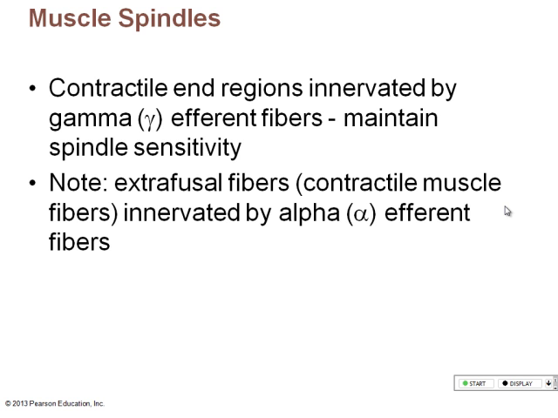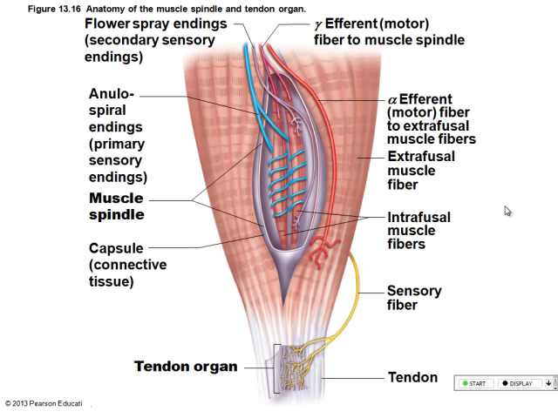So, when changes happen in muscle, when more pressure gets associated with muscle, and we see this on page 514 in our textbook, figure 13.16, we see the anatomy of the muscle spindle and tendon organ and how they are associated with movements and coordinating muscle.